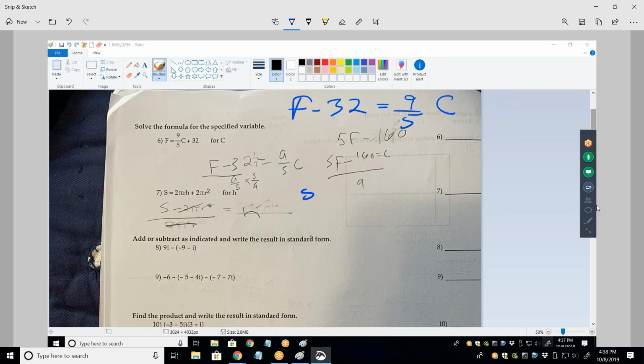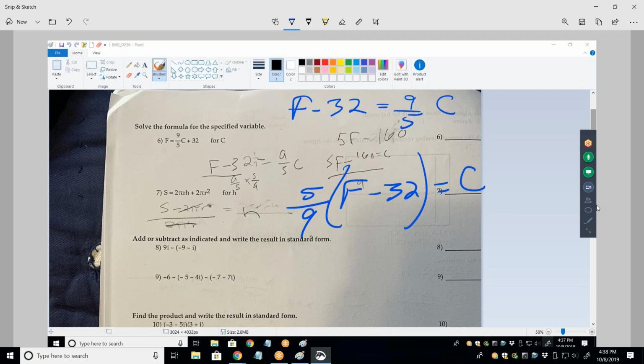So I got 5/9 times F minus 32 equals C. And I guess I need to distribute that. Not really, though. You could give that as an answer, couldn't you? Okay, we don't need to distribute it then.